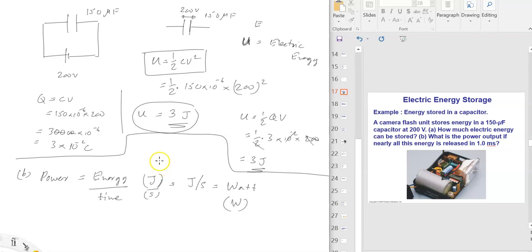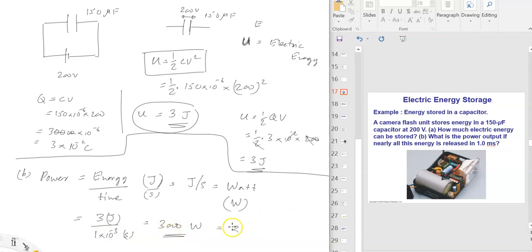So for this particular capacitor, if it's going to release all this energy in 1 millisecond, what's the power output? That's going to be energy divided by time, 3 joules divided by 1 millisecond. That is 1 times 10 to the negative 3 seconds, which gives us 3000 joules per second, or 3000 watts.